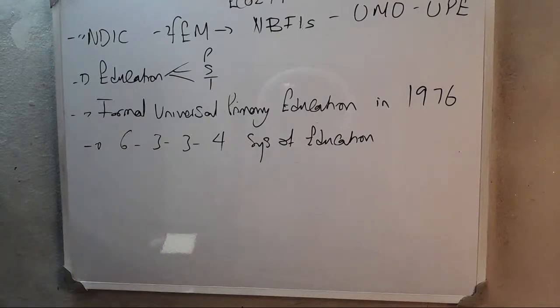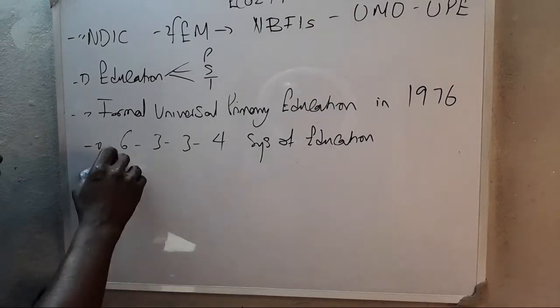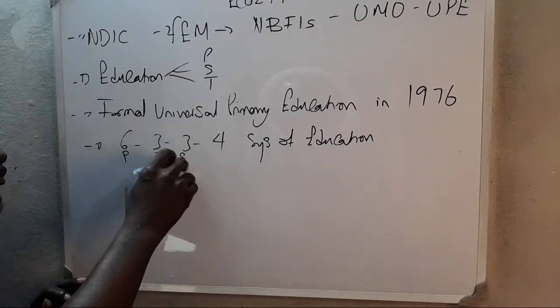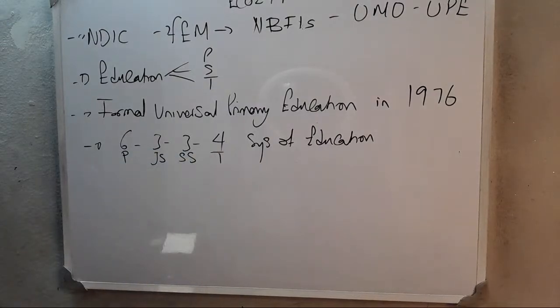The secondary school is of 2 levels, like I made mention already, the junior secondary school and the senior secondary school, each for a period of 3 years. So let's just say primary, junior secondary, senior secondary, and tertiary education.